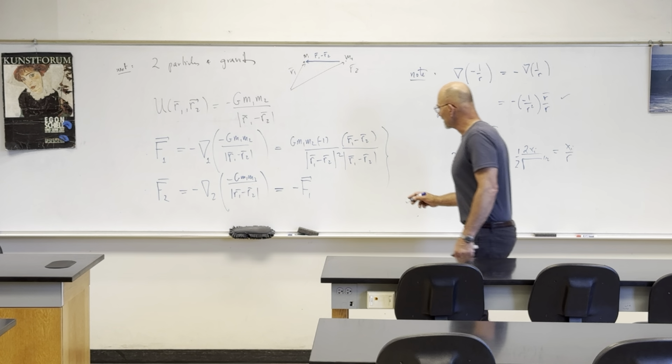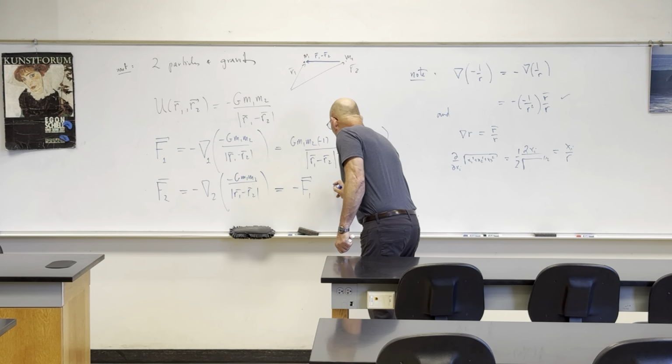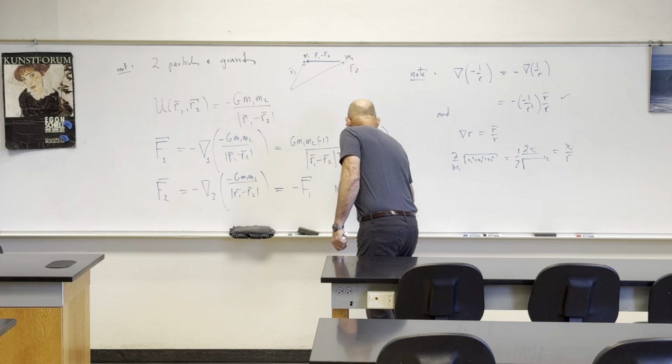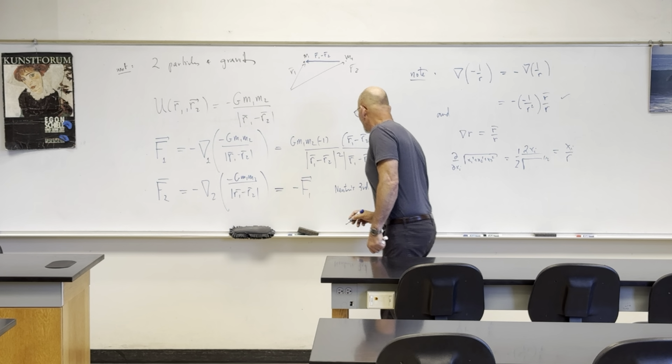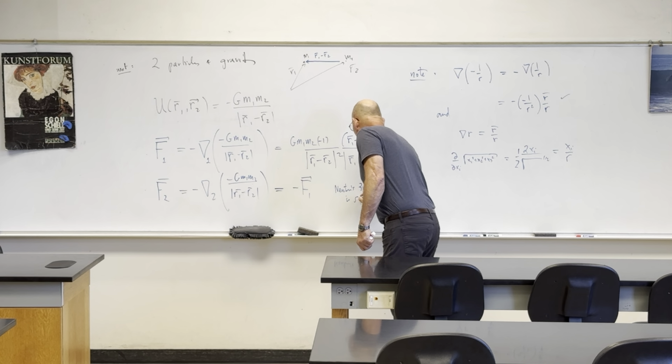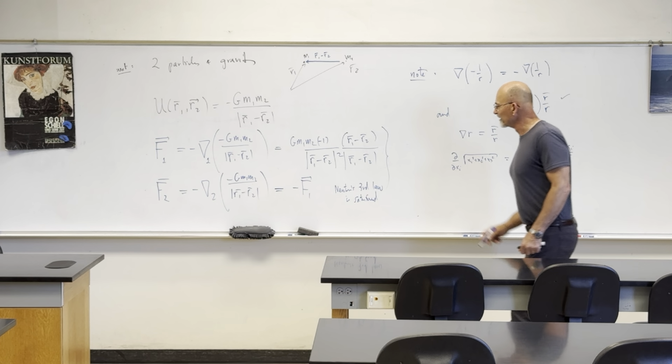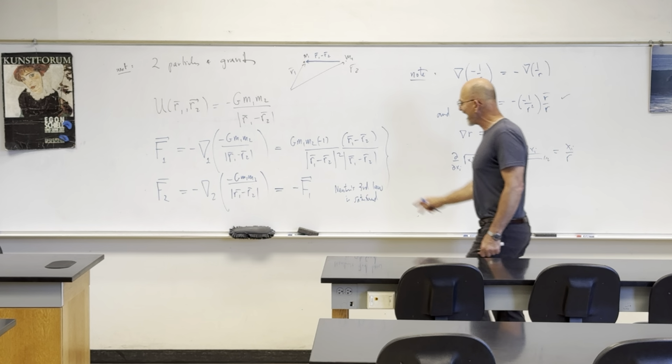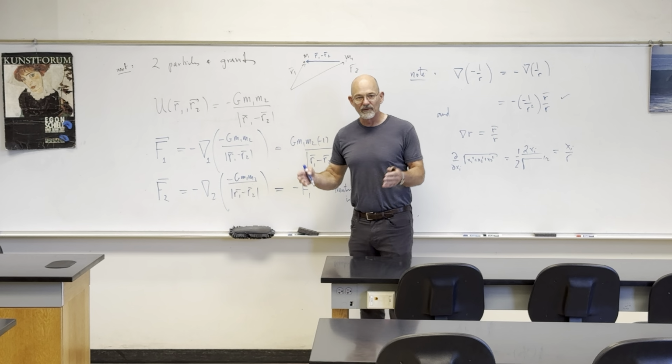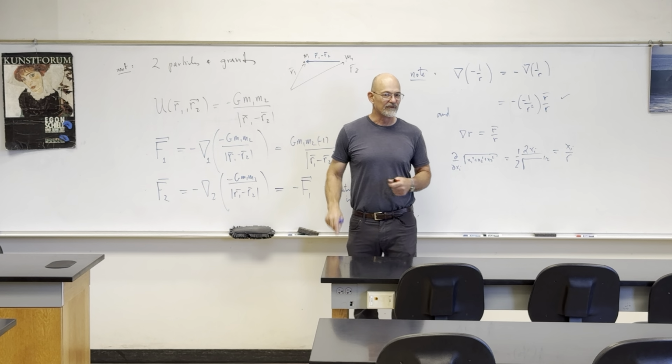So I'll put that in some words here. Newton's third law is satisfied. And that's what we had just done previously. That's why when we add all the internal forces, they all sum up to 0.